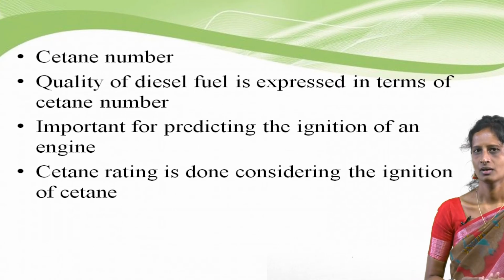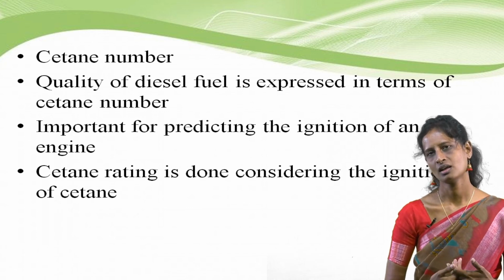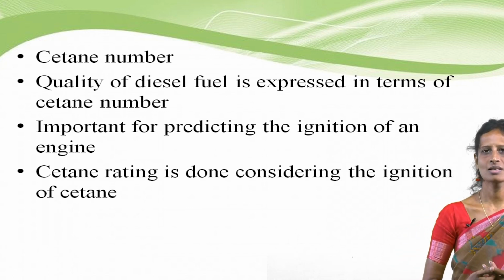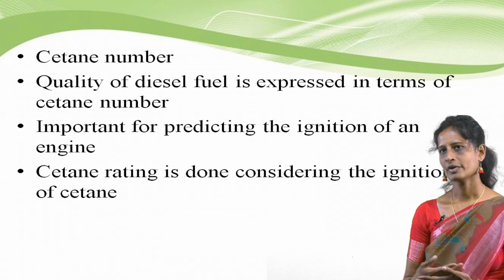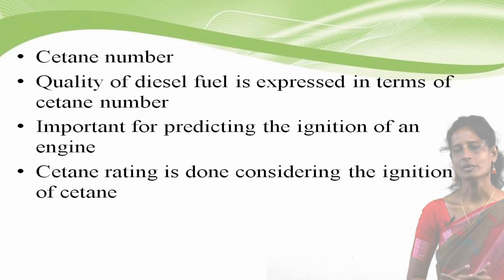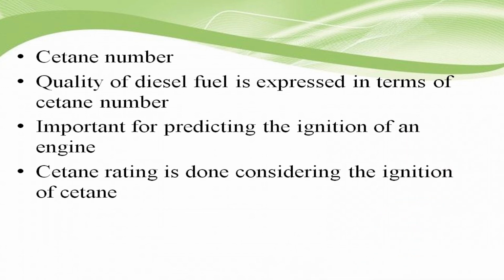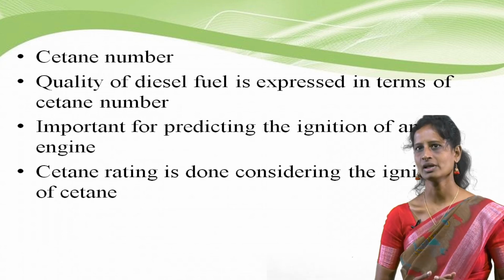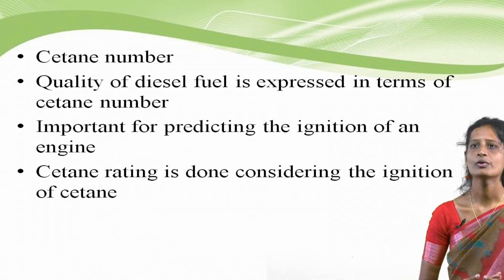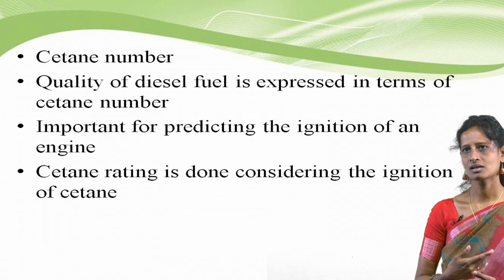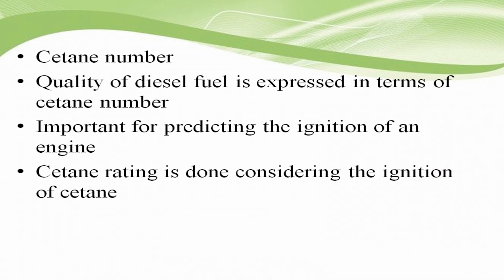Next, cetane number. From the above discussion we saw octane number; now we see cetane number. What is the difference between octane and cetane number? Octane number describes the qualities of a sample. Here, the quality of a diesel fuel is expressed in terms of cetane number.